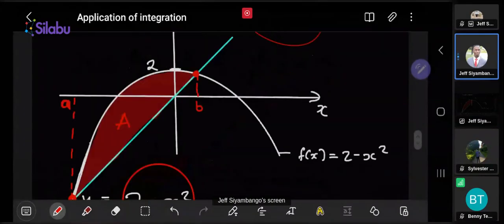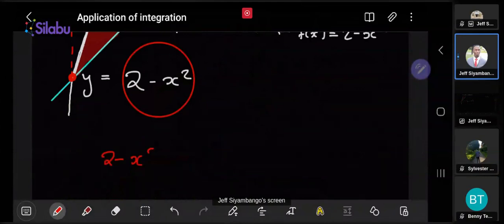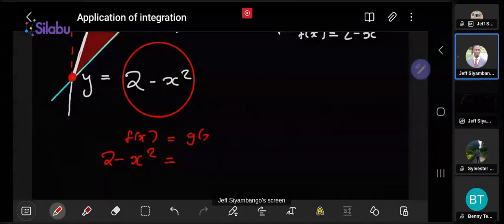So we're just going to equate them. We're going to have 2 minus x squared, this is f of x, has to be equals to g of x, meaning that 2 minus x squared has to be equals to x. And I am now just solving this for x.